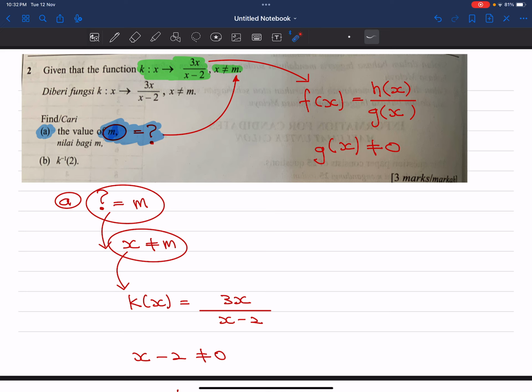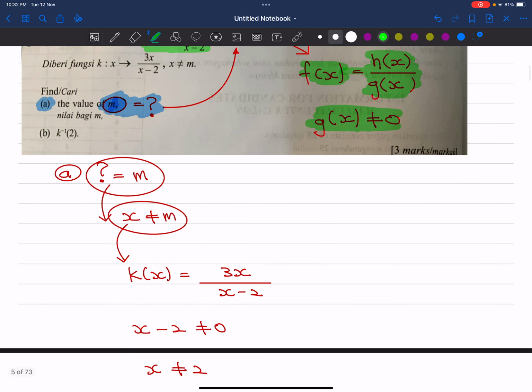Now, if you remember my previous videos, for a function f(x) in terms of a fraction h(x) over g(x), the denominator g(x) cannot be 0.